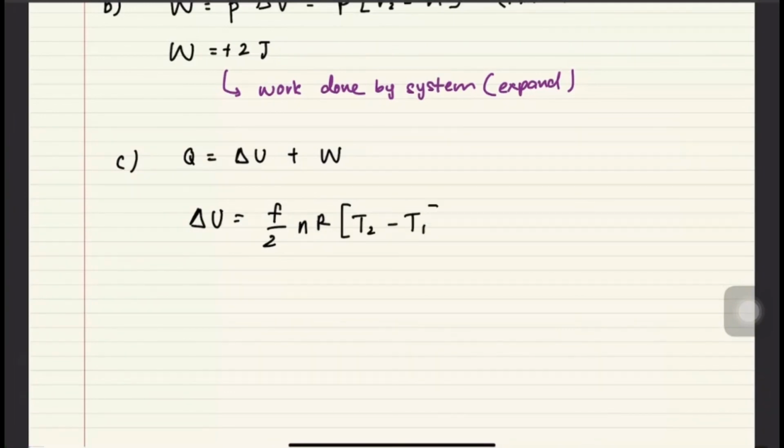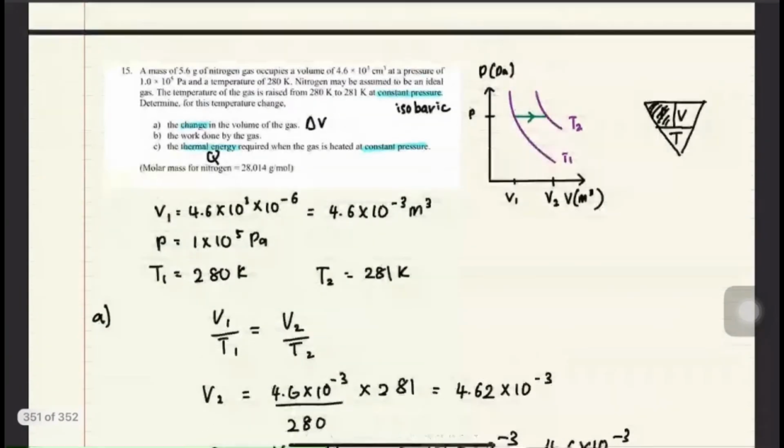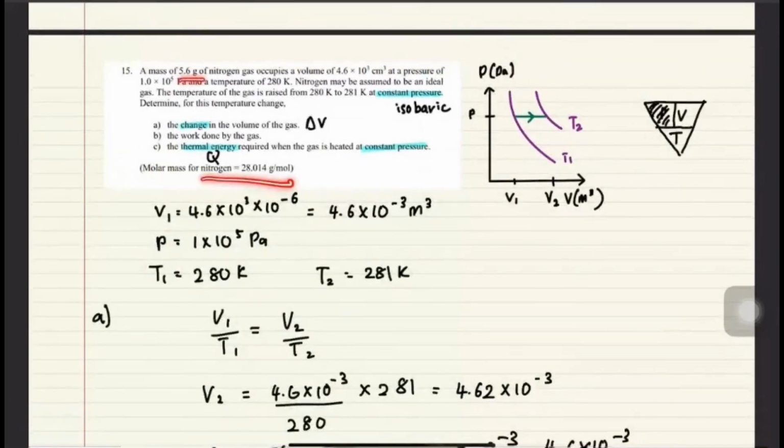Okay, this one is from the previous chapter. You have to calculate the n first, and you have to use mass divided by molar mass. Okay, you have to check lah, make sure the mass and molar mass in the same unit. This one, so one is in gram, another one is gram per mole, so should be okay.